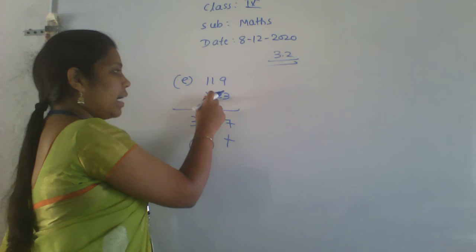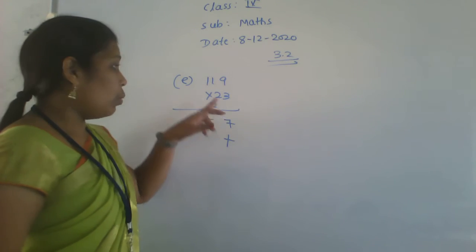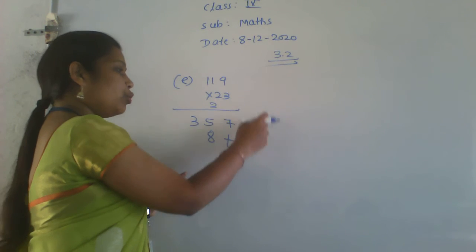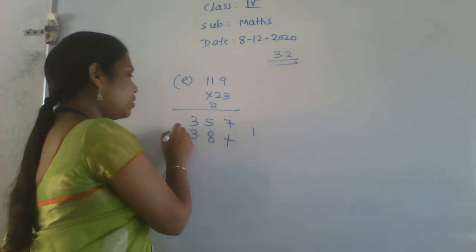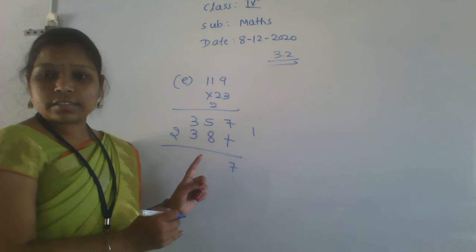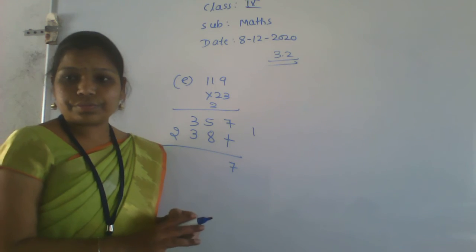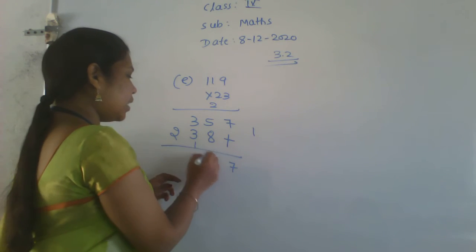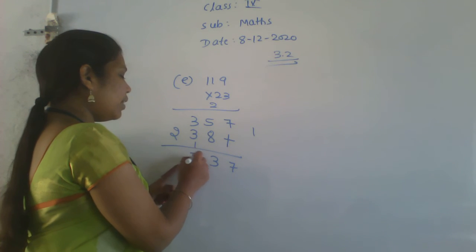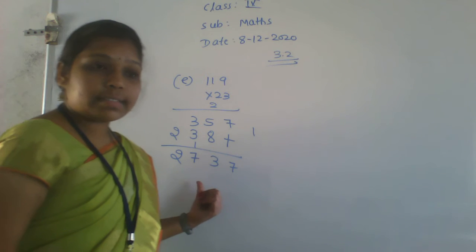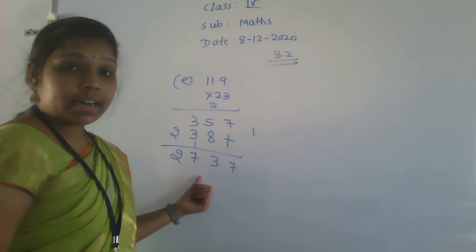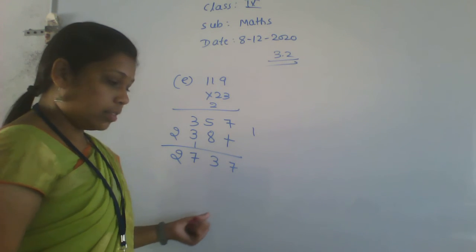Now multiply by 2. 2 9s are 18, 1 carry. 2 1s are 2. 2 plus 1 is 3. Again 2 1s are 2. 8 plus 5 is 13. 3 plus 3 is 6. 6 plus 1 is 7. Here 2. 2737 is the answer.